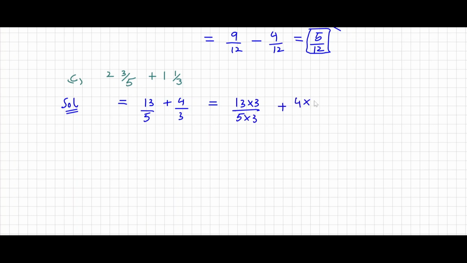plus 4 into 5 and 3 into 5. So you can just understand it like this. 3 into 13, you will get 39, and 5 into 3, you will get 15, plus 4 into 5, you will get 20, and 3 into 5, you will get 15.